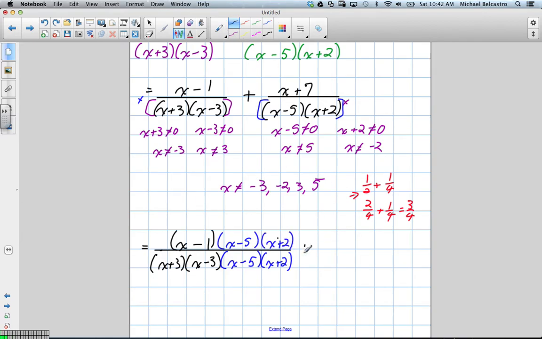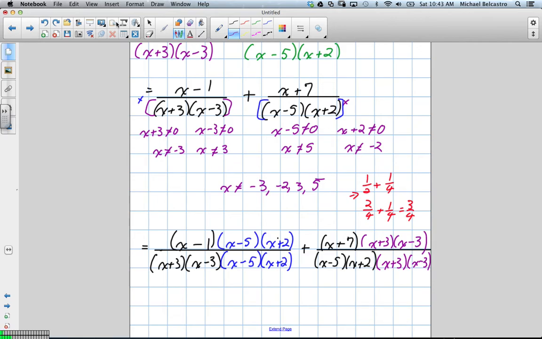And we still have to add that to what was originally there, x plus 7 divided by x minus 5, x plus 2, and then we multiply by x plus 3, x minus 3, and again, wherever we do the bottom, we must do the top, so x plus 3, x minus 3 on the top too.